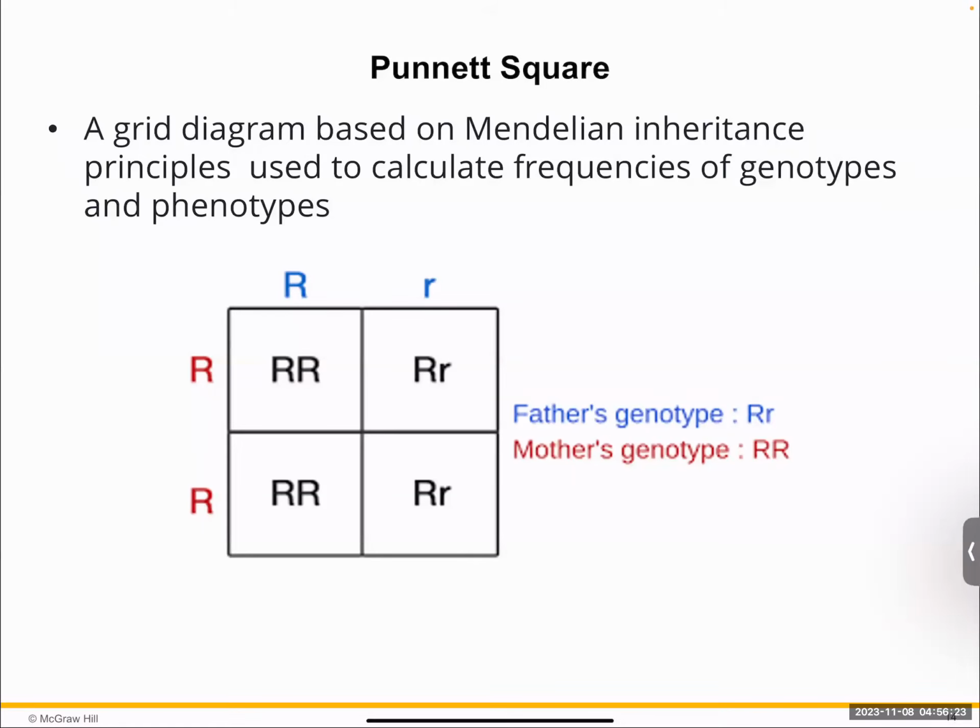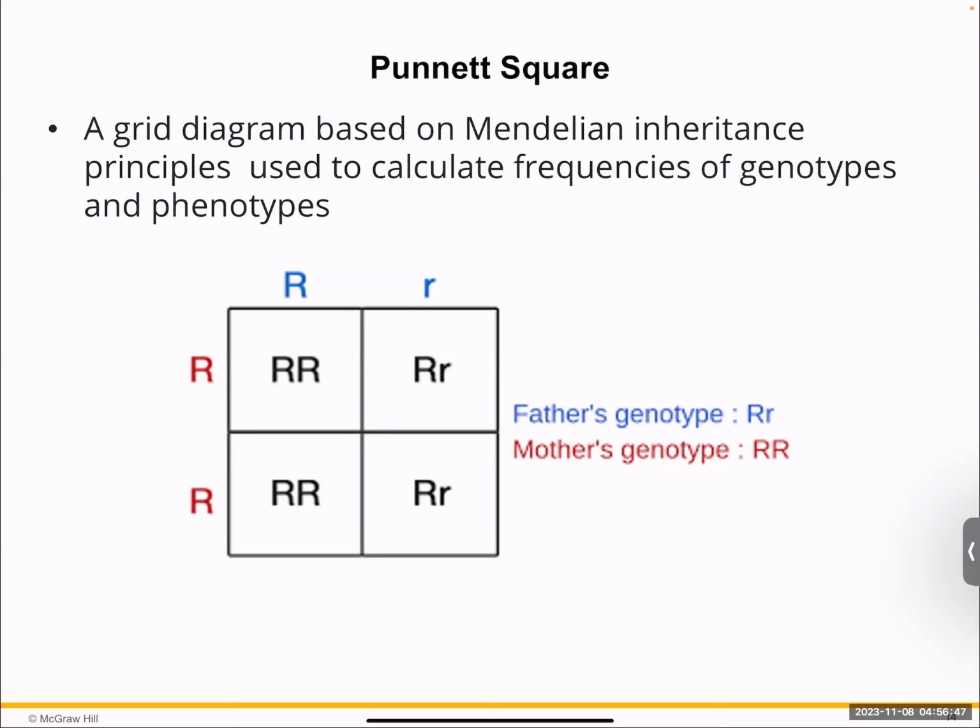Now, we have been talking about the law of segregation and how a parent passes one of the copies of their genetic information to their offspring. Basically, when you create your offspring, each parent has contributed one copy of the genetic information, or allele.